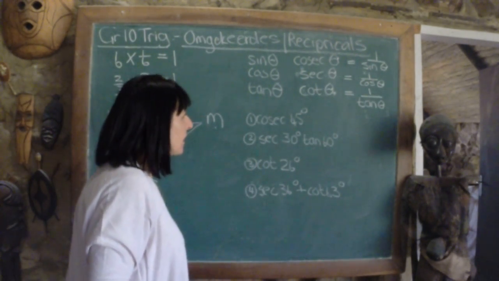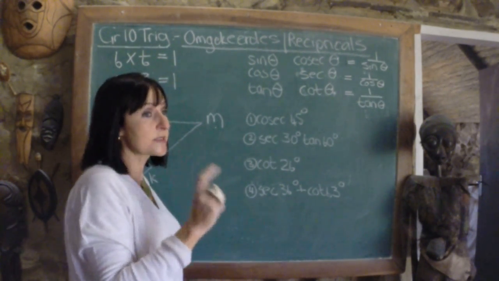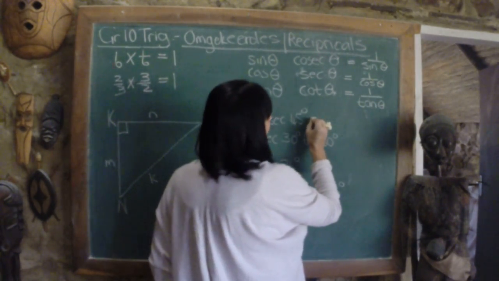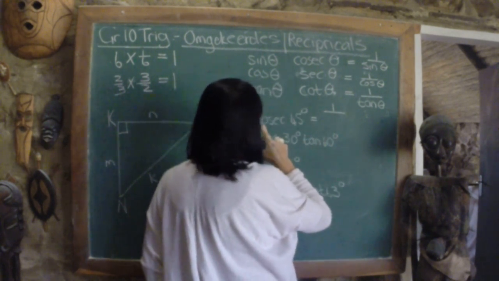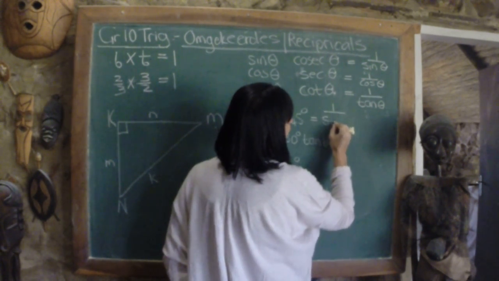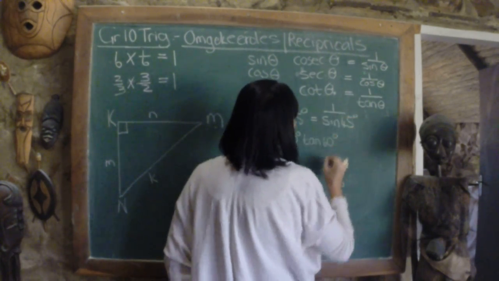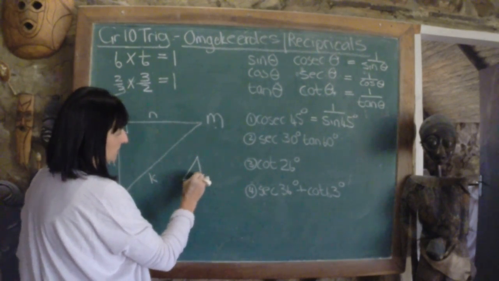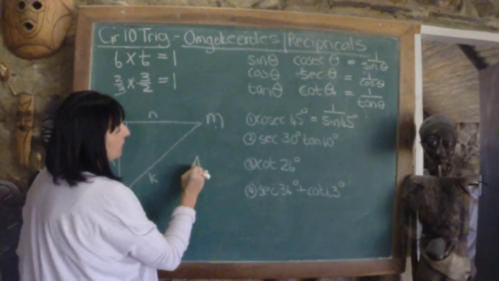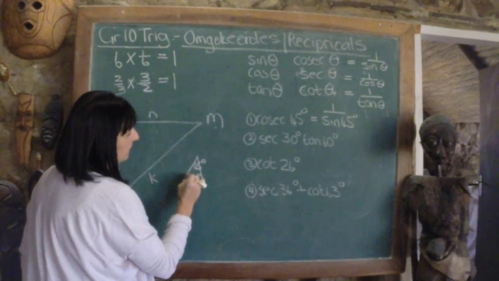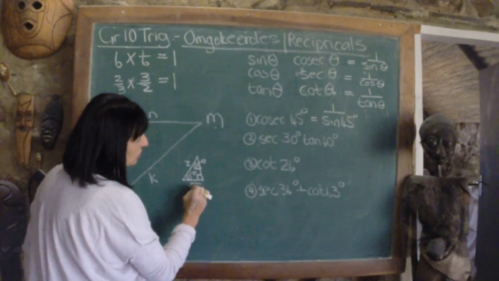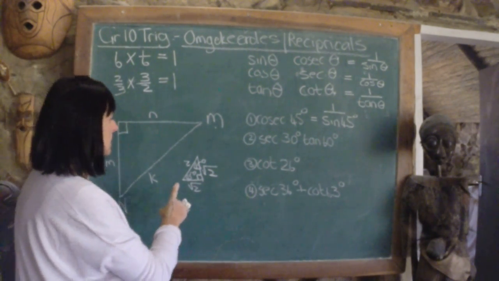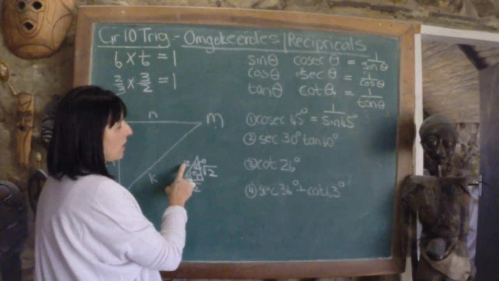So kom ons gaan kyk na die cosec van 45 grade. Sonder 'n sakrekenaar moet ek die cosec van 45 grade gaan uitwerk. En ek weet dat die cosec van 45 grade gelyk is aan 1 op die sin van 45 grade. And 45 degrees is a special angle. So we know that 45, I taught you 1, 1, root 2. So the sine of 45 degrees is going to be opposite on hypotenuse.